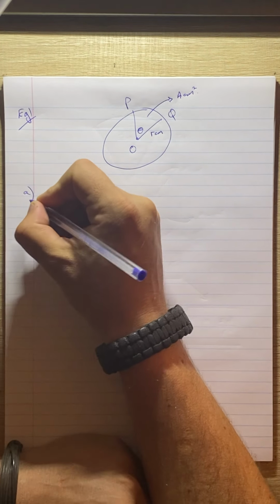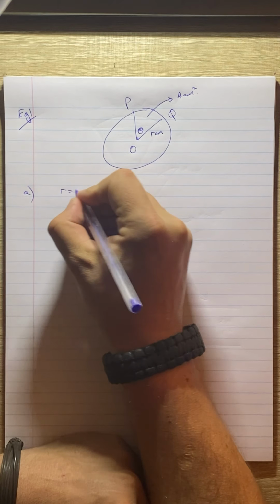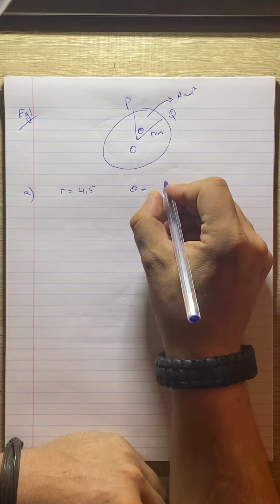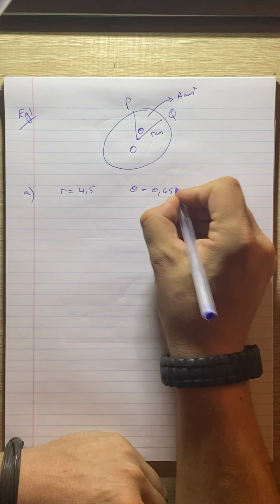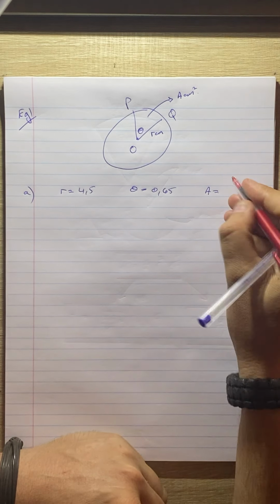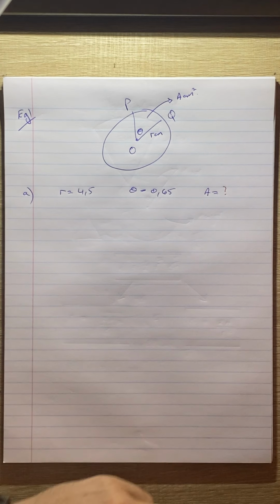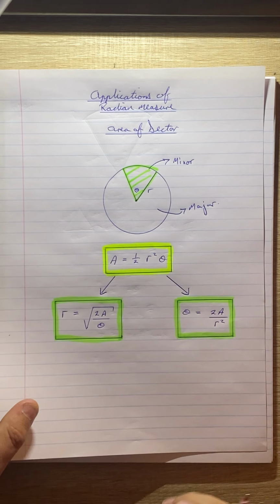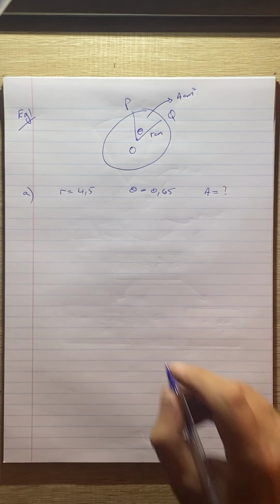So question A, they've given us that r is equal to 4.5. Theta is equal to 0.65, and we are missing the A, the area. So from our formula, A is equal to half r squared theta. That's the one I'm going to be using.